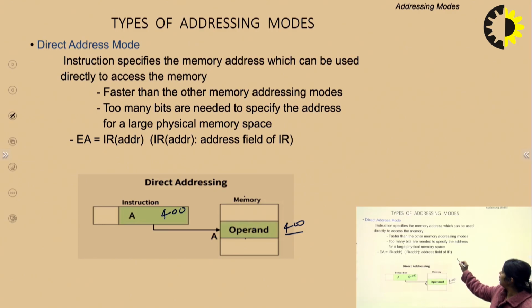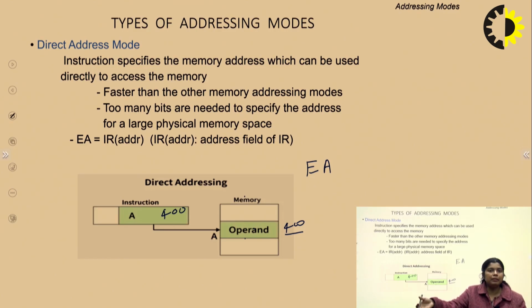So the addressing mode is about finding the effective address of the operand. The effective address is where the operand is actually residing, either in the memory or in a register. In this case, the effective address is 400.